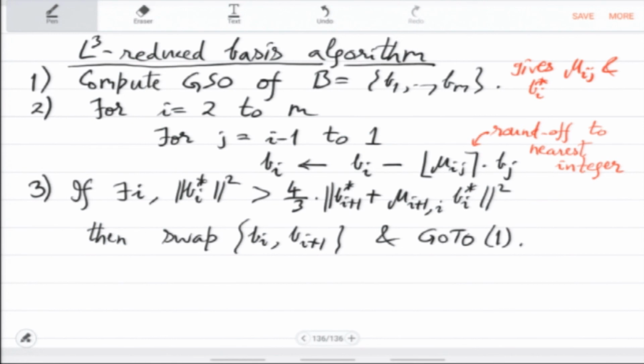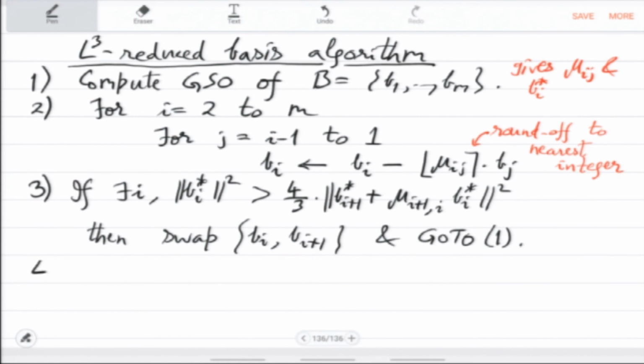Again, you will try to approximate the bi star in step 2, and after you have covered all the bi's, then you will move to step 3, where you will try to ensure condition 1. If it is violated, you will again swap and go to step 1.